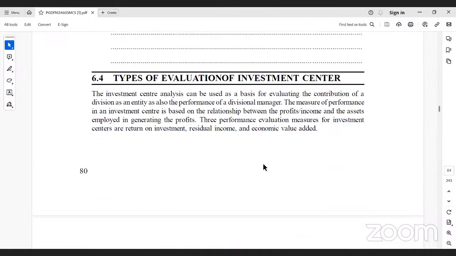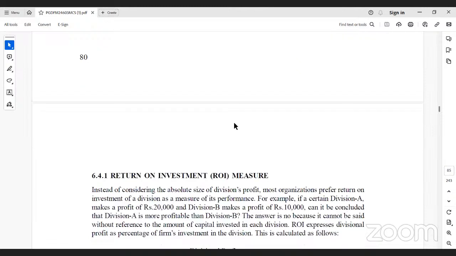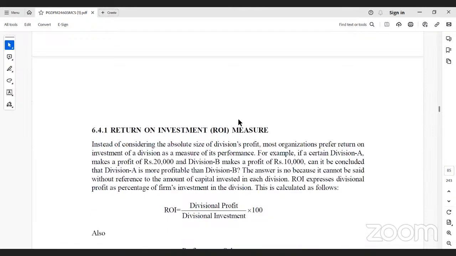So, types of evaluation, as I told you earlier, one very popular one is return on investment. The firm has invested, and we take an example of a division. Division A makes a profit of 20,000, division B makes a profit of 10,000.